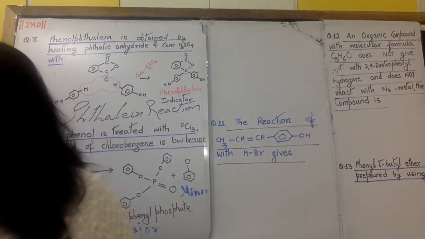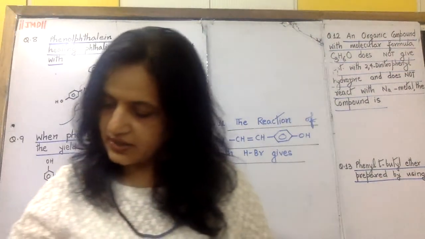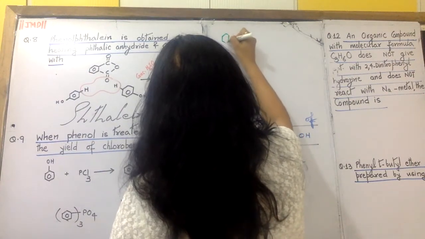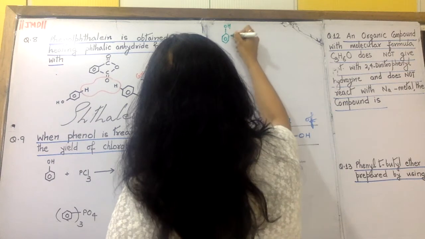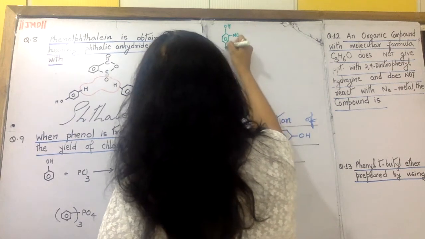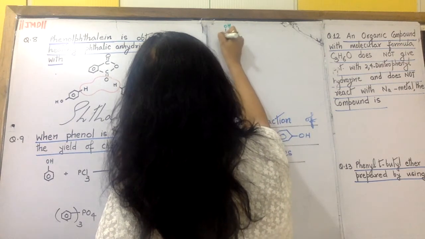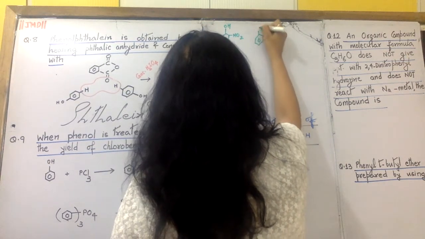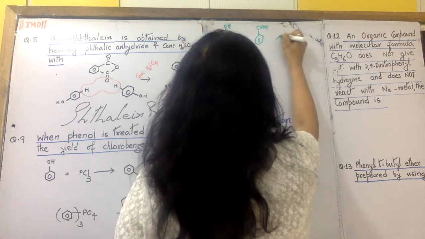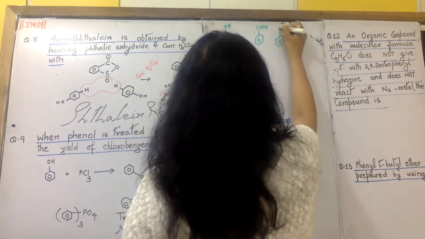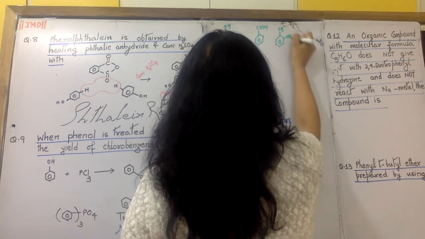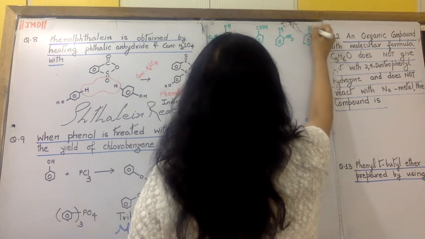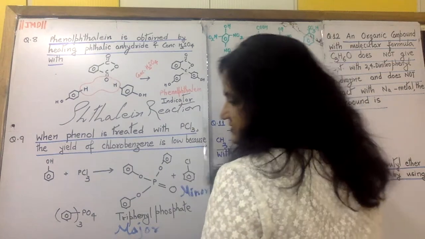Okay, the options are: the first option is picric acid. The next option is benzoic acid. The next option is o-nitrophenol. And the last option is benzene sulfonic acid.